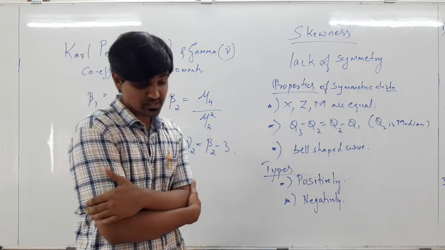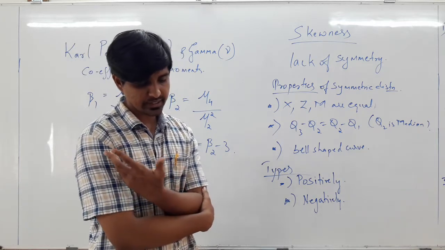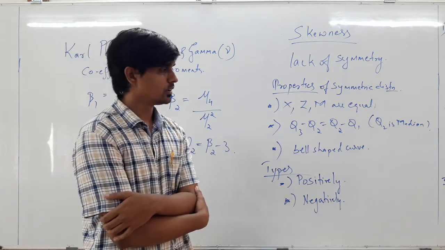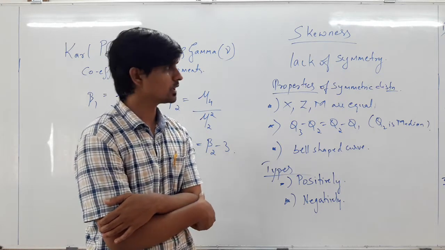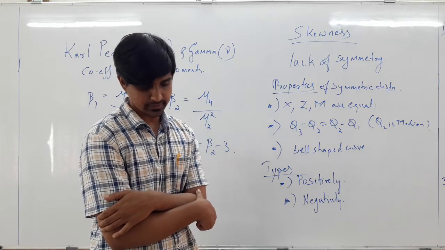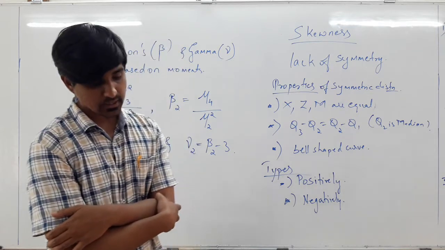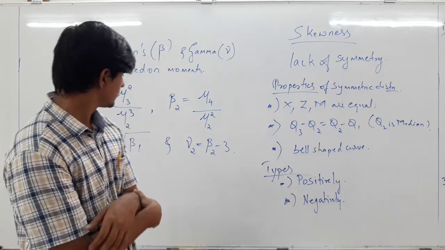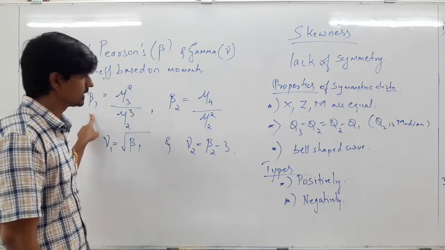Now what do you mean by beta? Beta 1 tells us whether a distribution is skewed or symmetrical. And beta 2 tells the difference between a symmetrical curve and a normal curve.